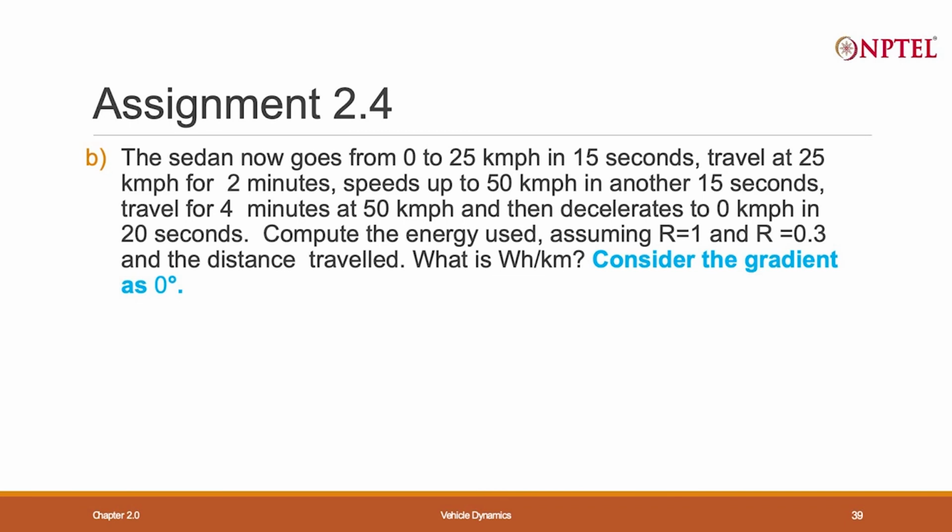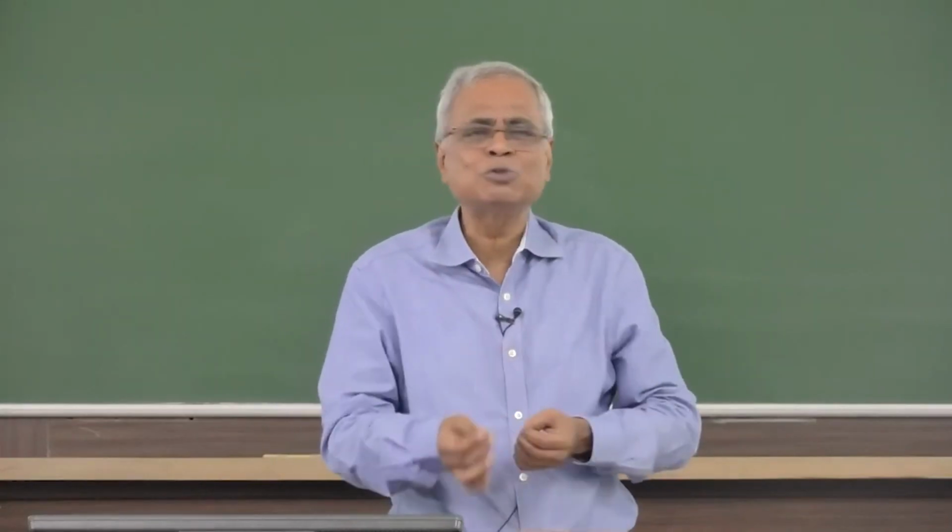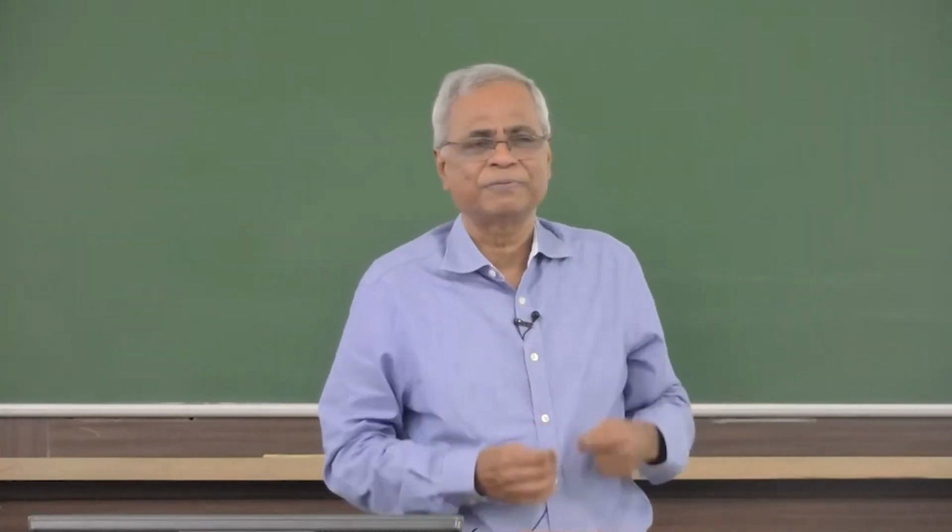Compute the energy requirement. So, the method is the same, compute also the distance travelled, and compute what is watt hour per kilometer. These problems are not very difficult, and will get you used to the concept of a drive cycle.